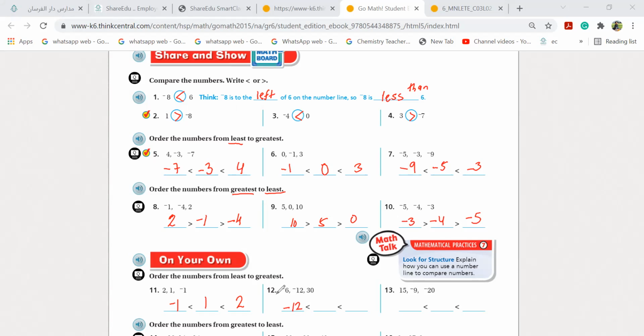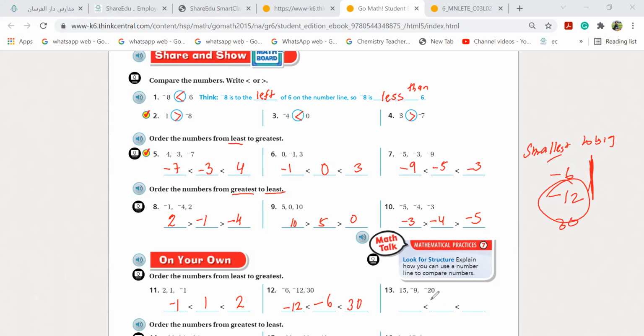Which is the smallest one here: -6, -12 or 30? First thing, you must know that negative numbers are small compared to positive. In negative, the bigger number is smaller, okay? So you get -12, then -6 and 30.